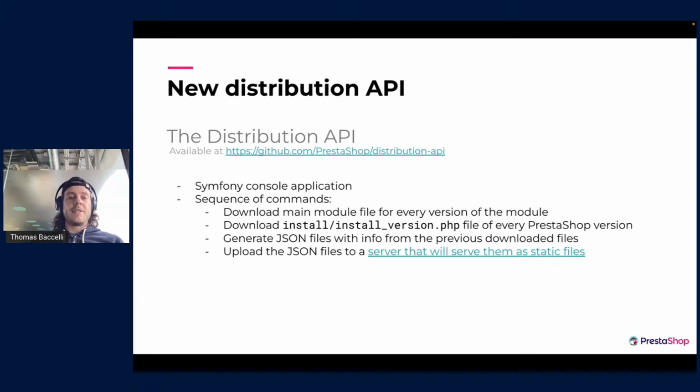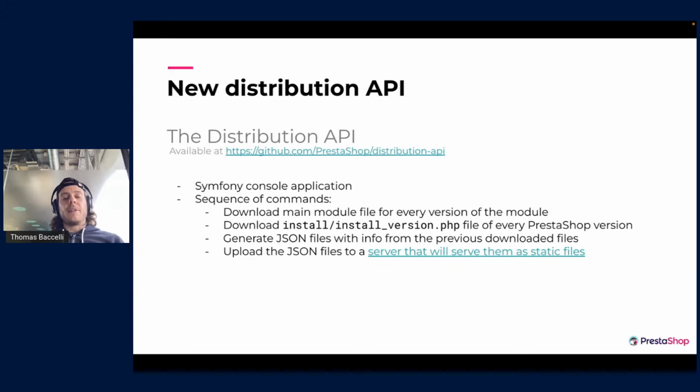The first one will download the main file of every native module for every version of those modules, because in the main file you can find the information about the version compatibility, the name, the description, everything. Then the second command is the download of the file install/install_version.php for every PrestaShop version, because this file contains information about the compatibility of PHP with PrestaShop.